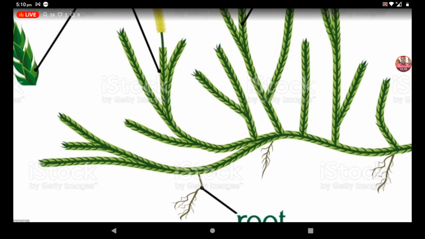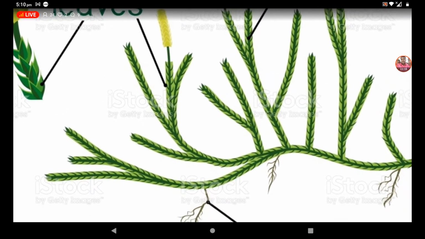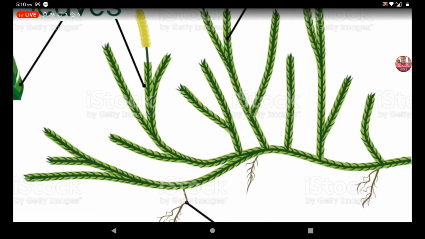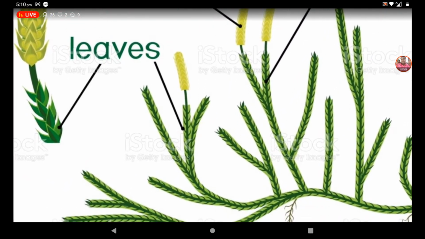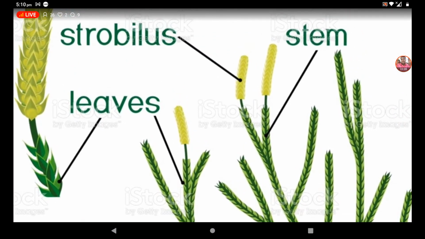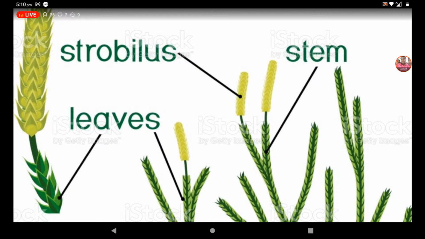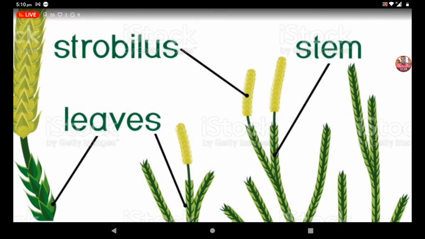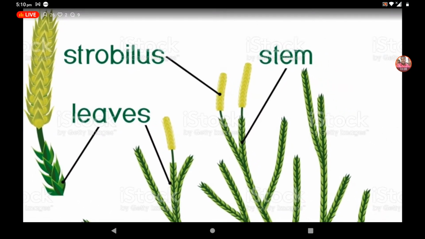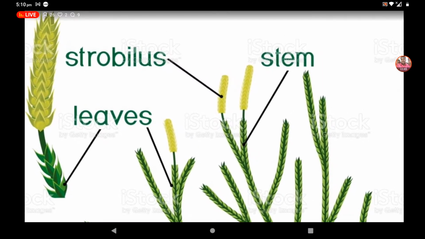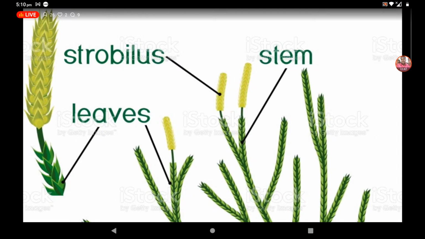The stem is a creeper growing horizontally, and branches can also be identified. Leaves are identified, and these leaves are called microphylls. At the tip of the stem it forms a strobilus, that means cone-like structures are formed. Cones are formed at the tip of the stem, which grows vertically upwards and bears the strobili, so many cones.